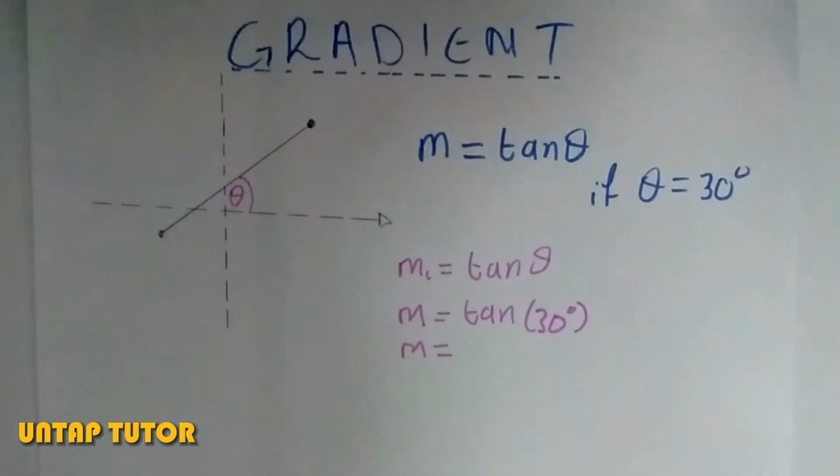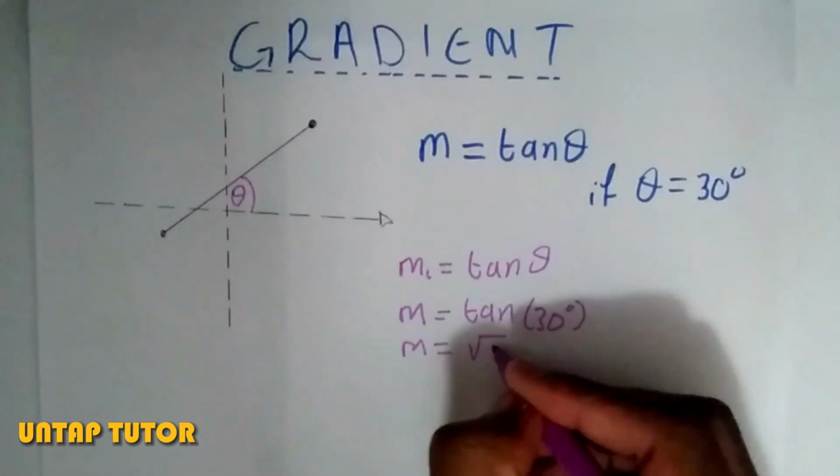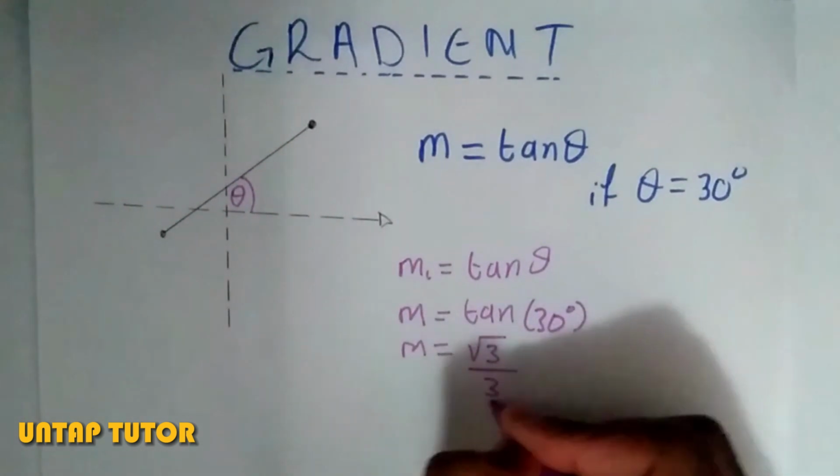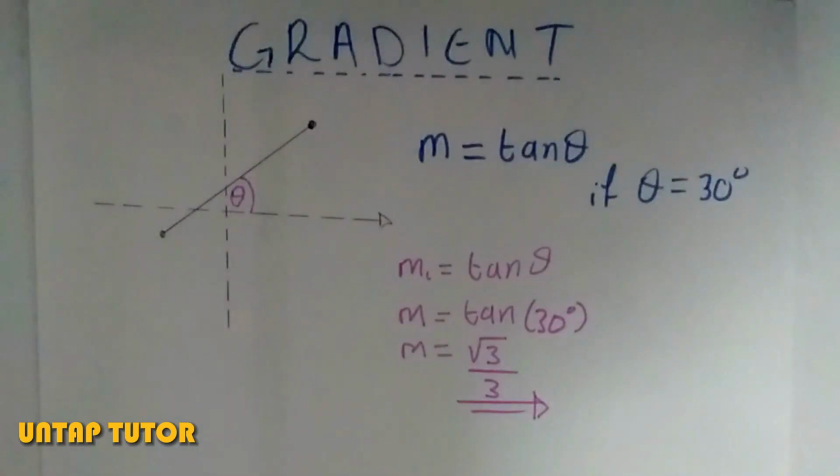So we can punch that in our calculators and we can get root 3 over 3. Tan 30 is equal to root 3 over 3. So this is our gradient.